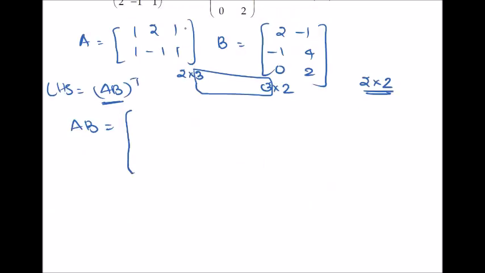Here AB is equal to, we are going like this and like this. That is 1 into 2, that is equal to 2, plus 2 into minus 1, that is equal to minus 2, plus 1 into 0, that is equal to 0. In the next column, 1 into minus 1, that is equal to minus 1, 2 into 4, that is equal to 8, 1 into 2, that is equal to 2.